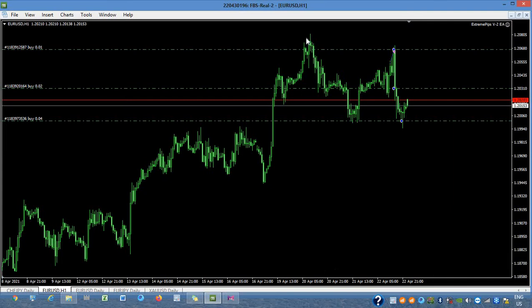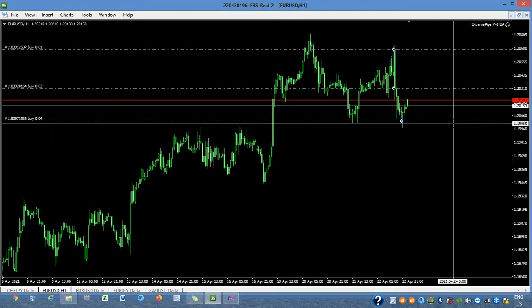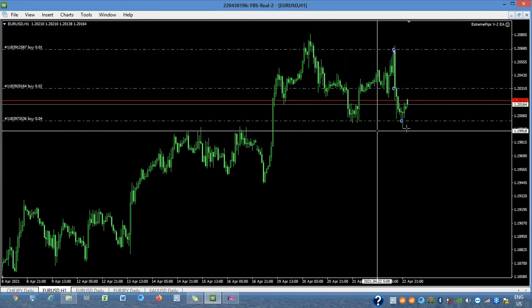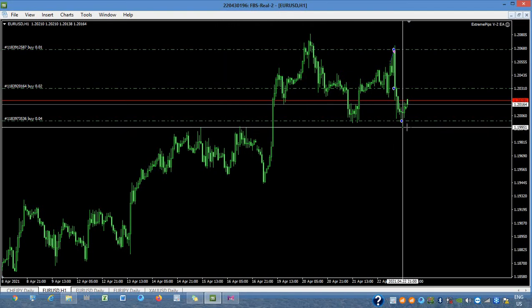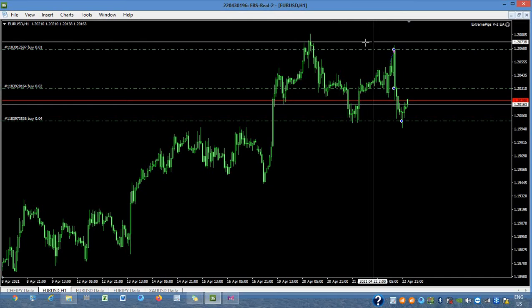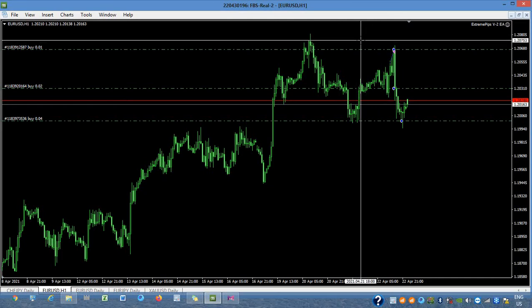So this is a clear distribution, as you can see from the pattern, the market structure. This is the main key level, and here also is the resistance.